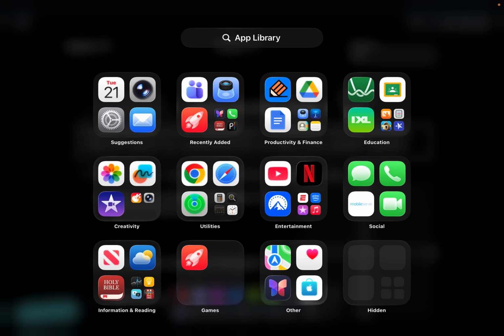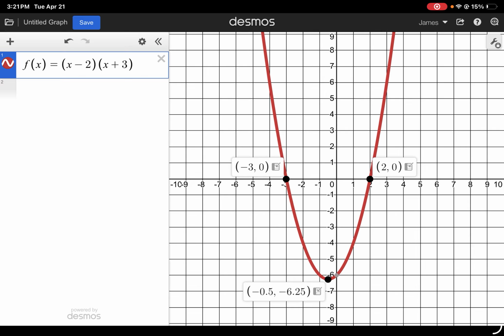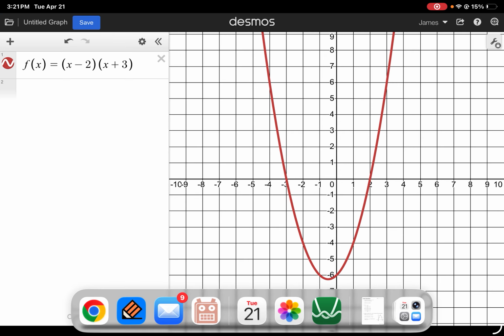Desmos is right here. And I graphed it right there. You can see we can use this to help us graph. We can see where the x-intercepts are, negative 3 and 2. And also we have the vertex down there at negative 0.5 comma negative 6.25.